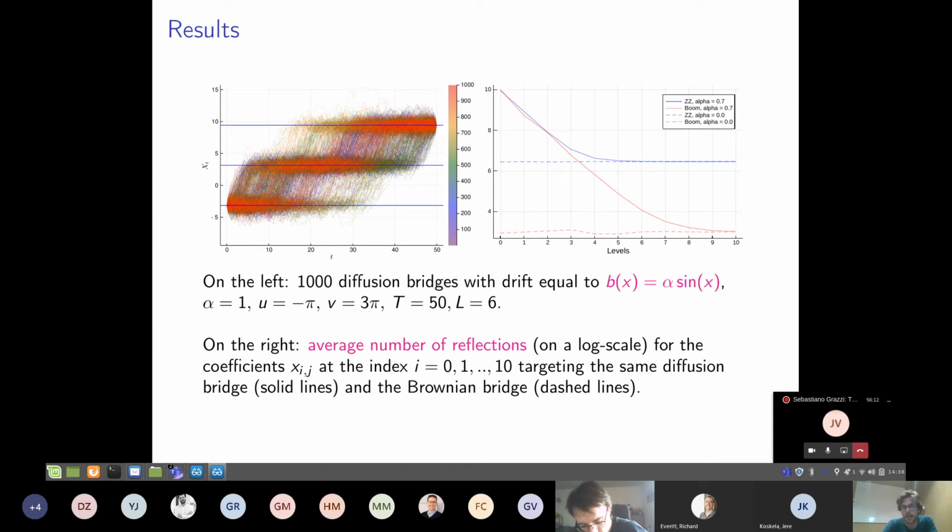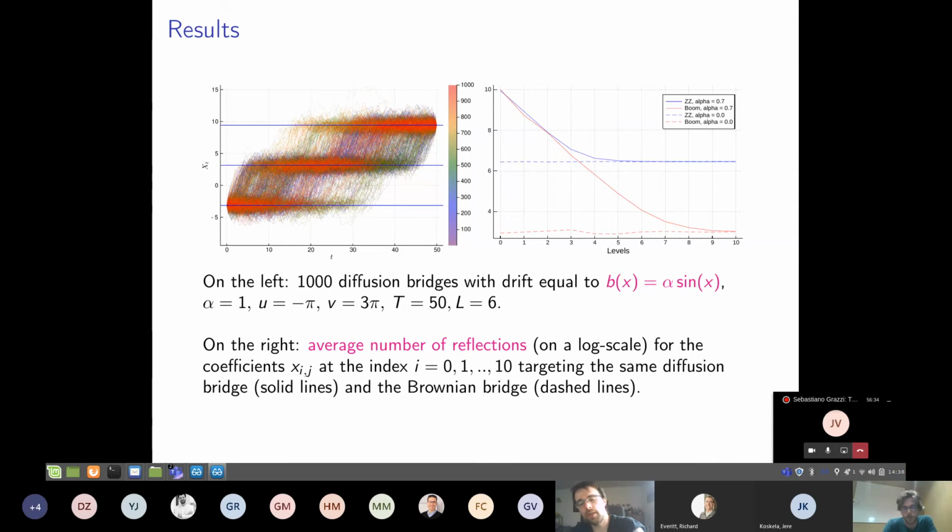And for this case, you still get an improvement compared to the zigzag sampler. Of course, if all the dimensions are multimodal and they don't have much to do with the Gaussian reference measure, then probably the bouncy particle sampler or zigzag work the same way.